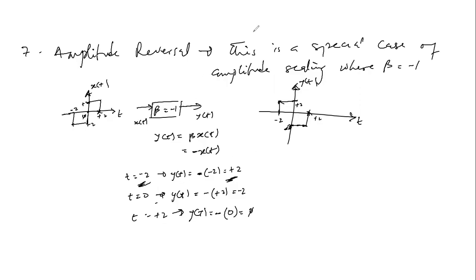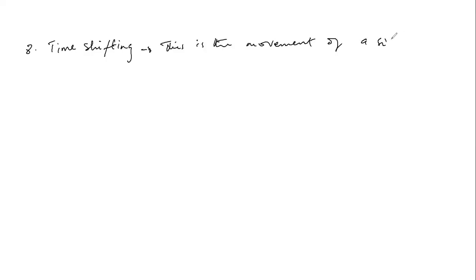Let's look at time shifting. Now, in the case of time shifting, this is the movement of a signal to the right or to the left on the time scale.